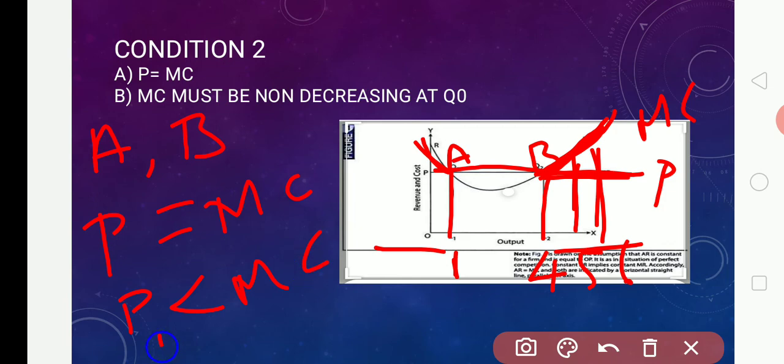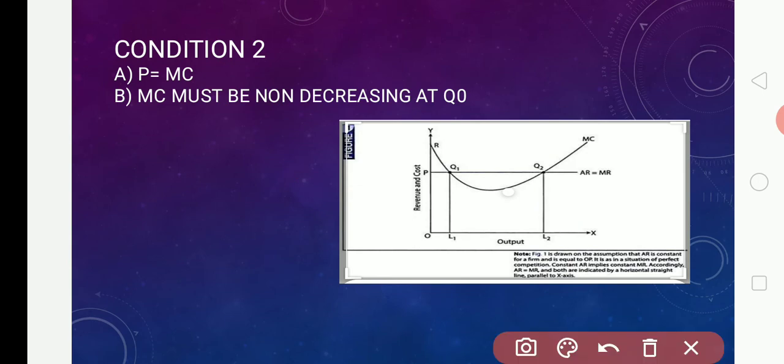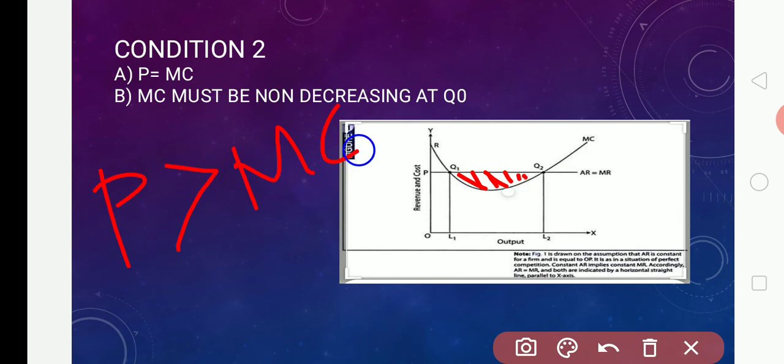And the region where the price is greater than the marginal cost is this shaded part, which I can make clear. In this shaded line, the price is greater than marginal cost.